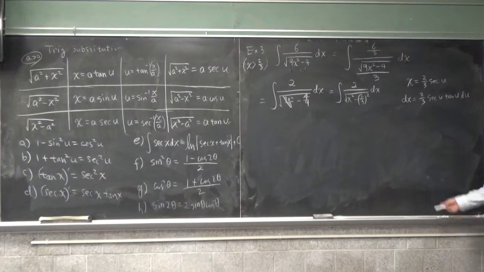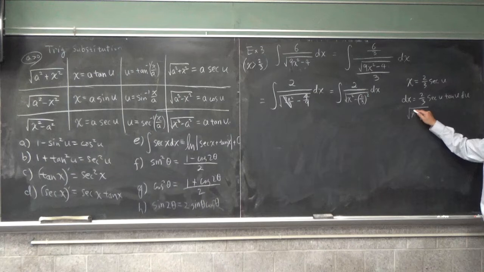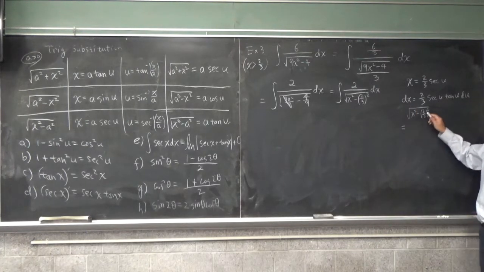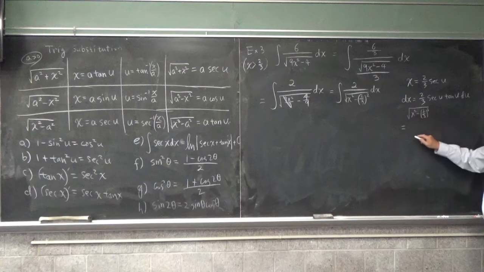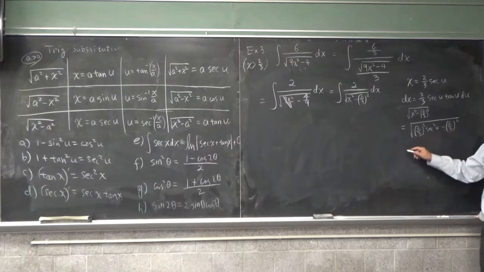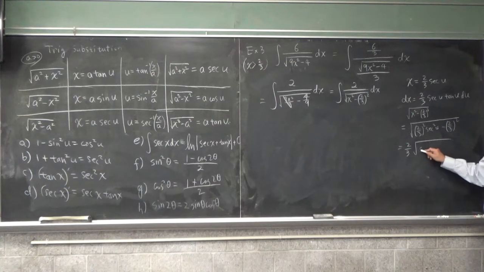Okay, and then furthermore, we know the square root of x squared minus 2/3 squared. Well, I have it in the table here, but you really want to be able to calculate that. Okay, so plug this into x so that you get 2/3 squared secant squared of u minus 2/3 squared. Right? Then you can bring the 2/3 outside, which will leave you with secant squared of u minus 1.